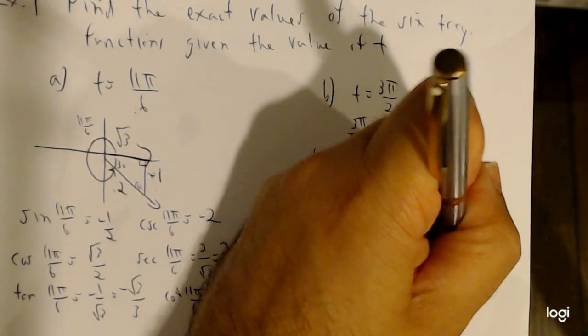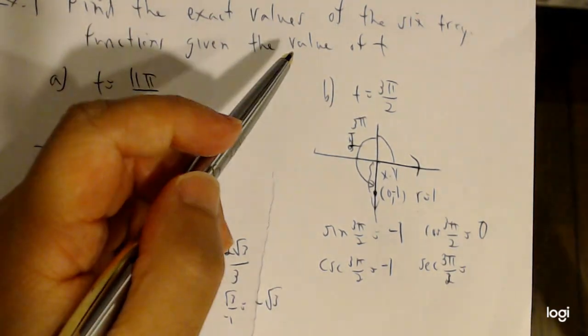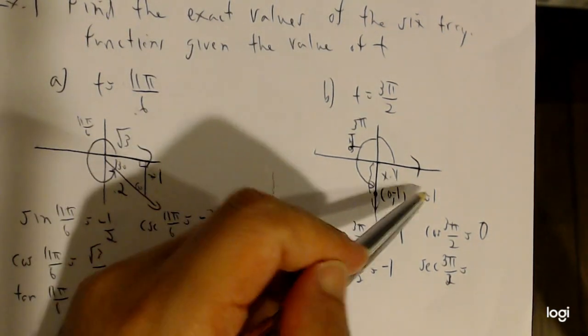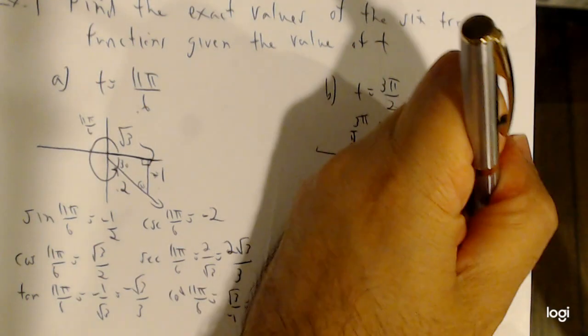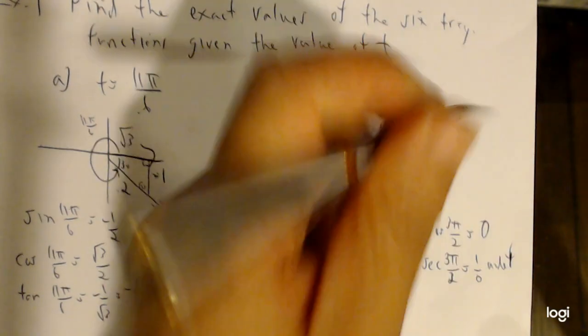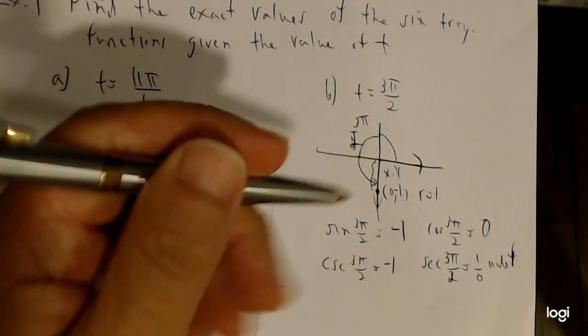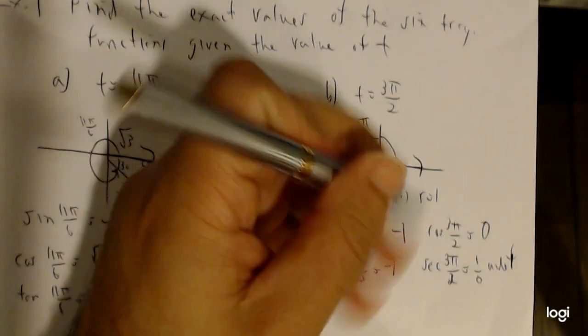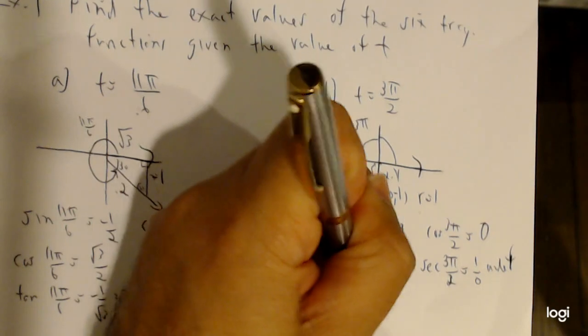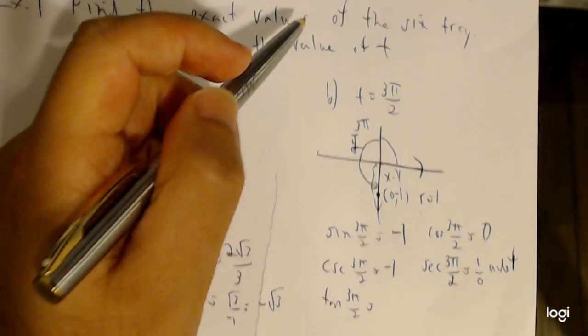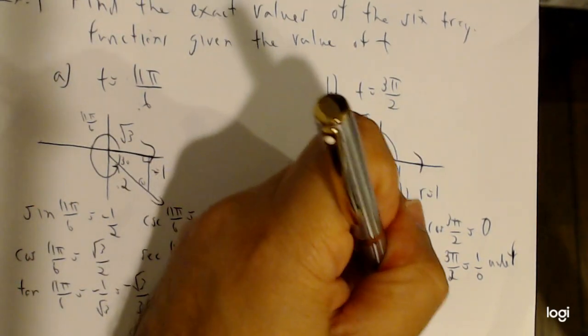Secant of 3 pi over 2, and here's where we run into our first problem, because what is that? That's r over x, and when we divide by 0, this is undefined. So this is actually important. We will talk about some of the domain values of trig functions, and we could see that some of them are undefined. So we'll get into that in greater detail. So tangent of 3 pi over 2, that's y over x, and remember, y is -1 over 0.